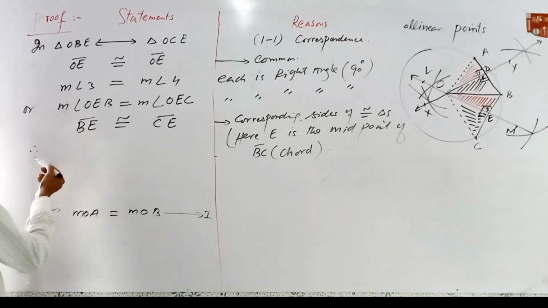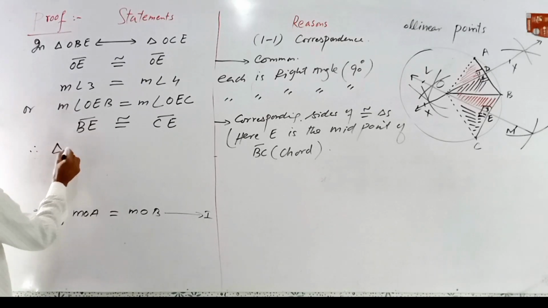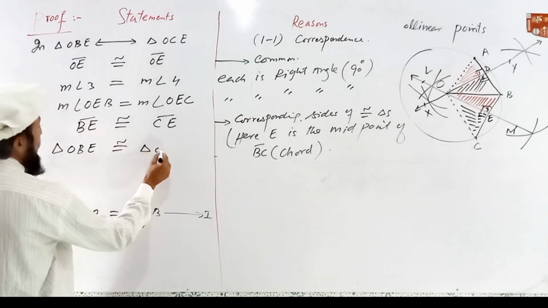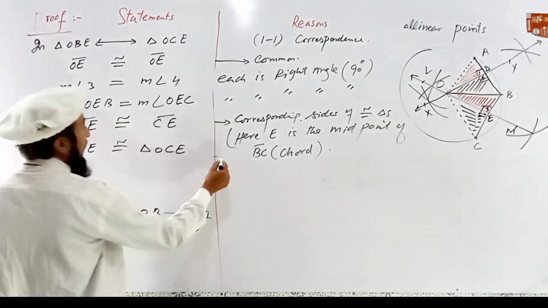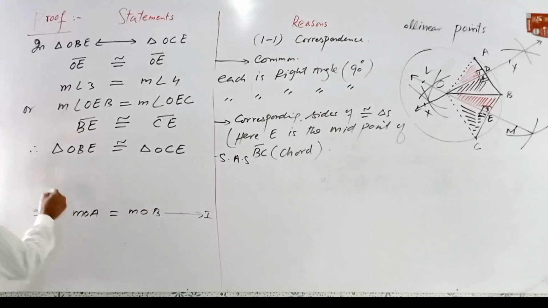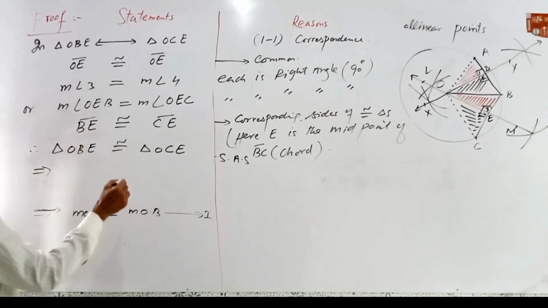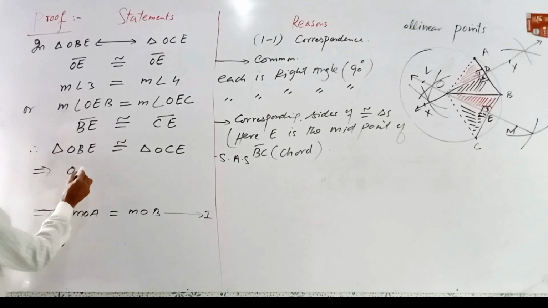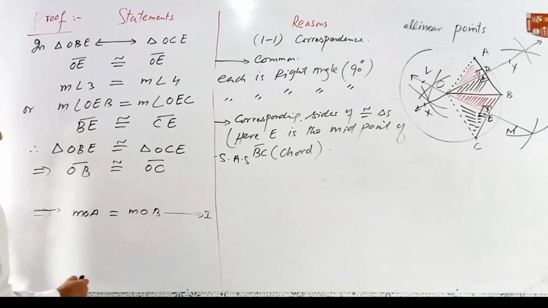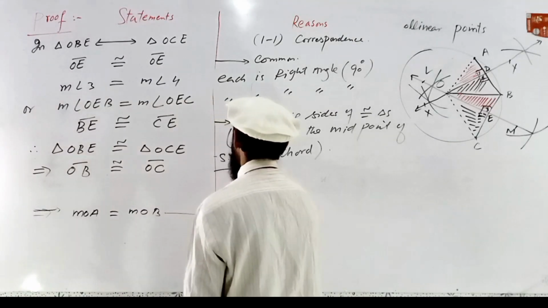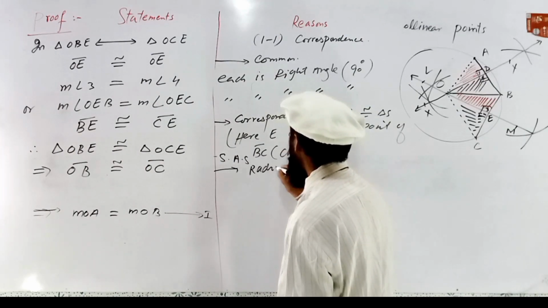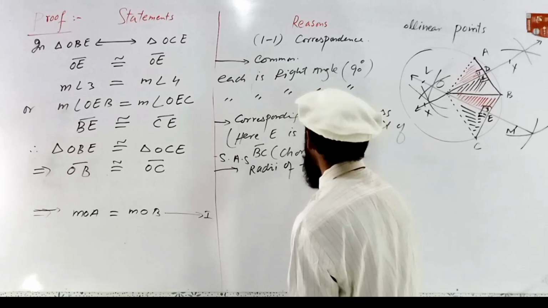So from the above discussion we can say that triangle OBE is congruent to triangle OCE, by the side angle side postulate. So the radius OB is congruent to OC. We can also write radii, or the corresponding sides of congruent triangles, or radii of the same circle.